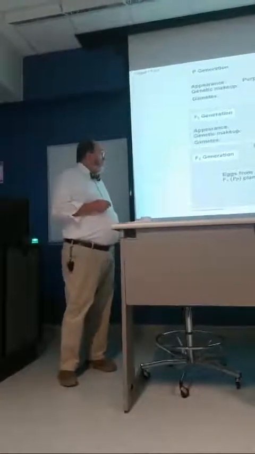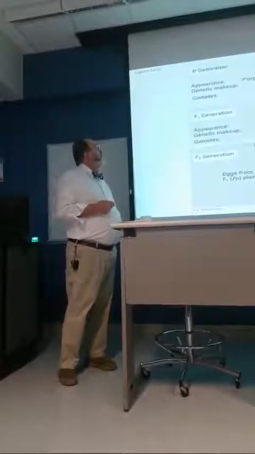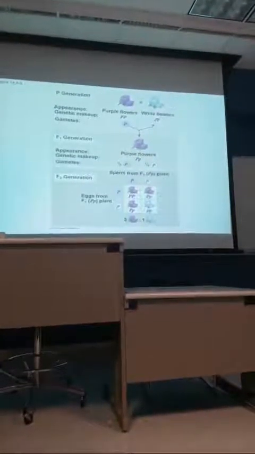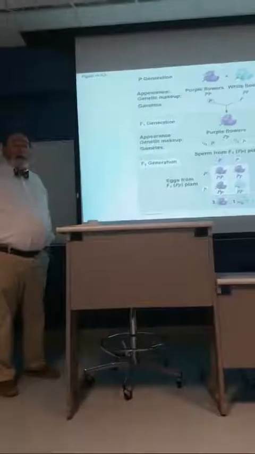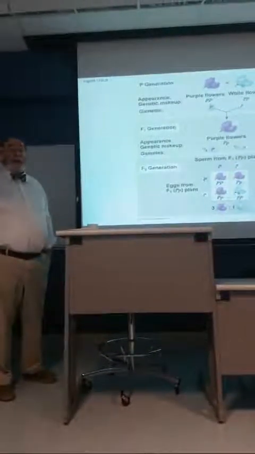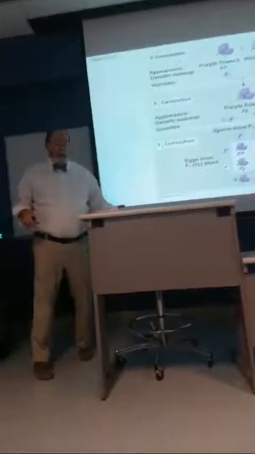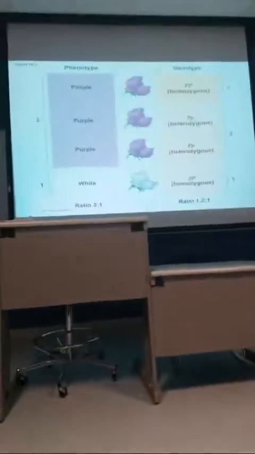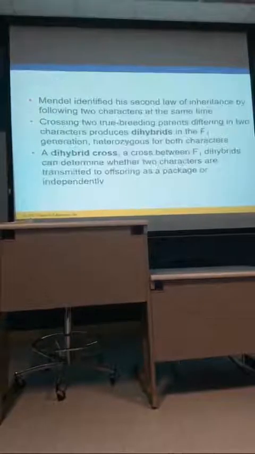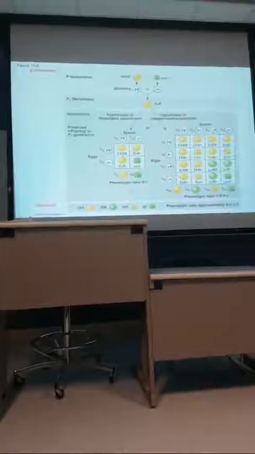Now, when we do 2 of these, this is for flower color. So you've got the 2 alleles for flower color. Now there will be 2 more alleles over here, and that is not going to be just for color, but for the shape of the seeds. Are they round or are they wrinkled? And once you learn how to set these up, it's a breeze. So, here we go.